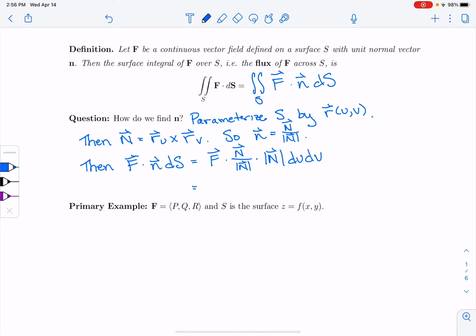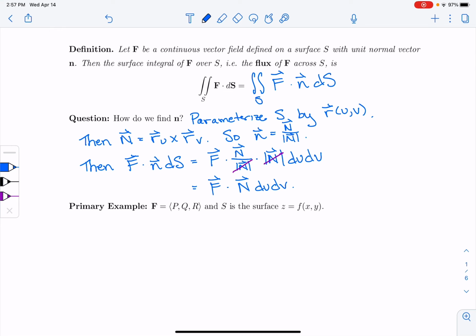And so this actually simplifies to f dot capital N du dv, because the magnitudes of capital N cancel. So this gives us a way that we can compute this double integral. We'll have to parameterize the surface like we've done before using, say, u and v, and then f dot little n ds turns out to be f dot capital N du dv.